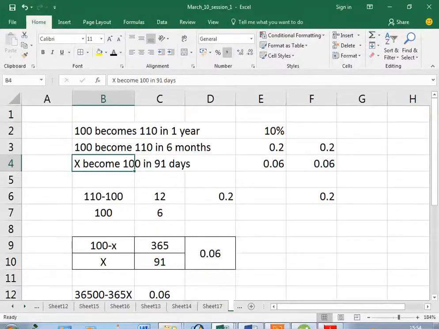The number of days is already given. Can you tell me a statement? X becomes 100 in 91 days, we wrote 0.06. So I want a statement like that.